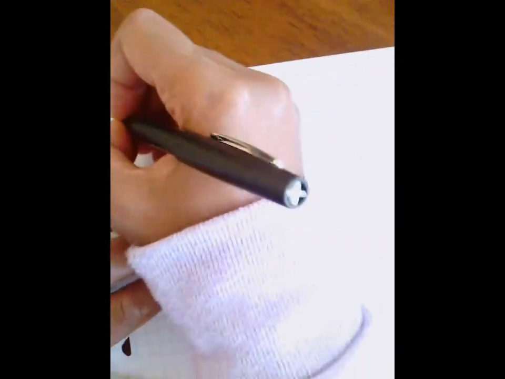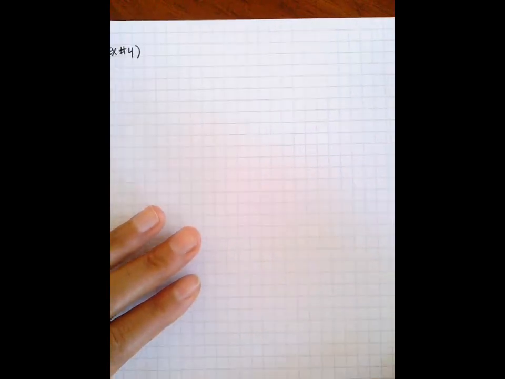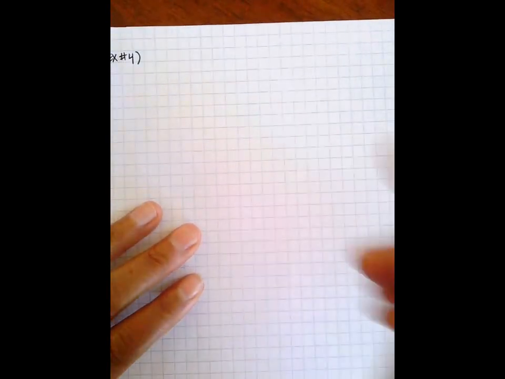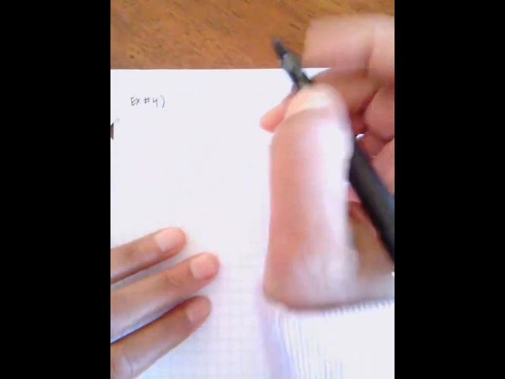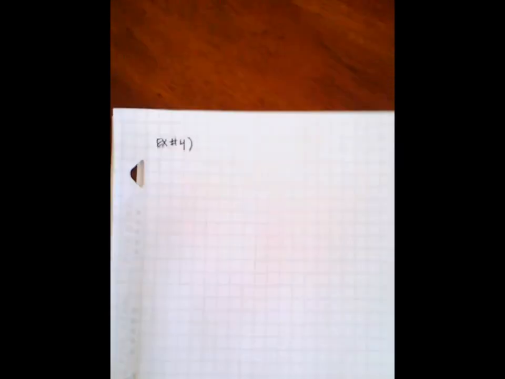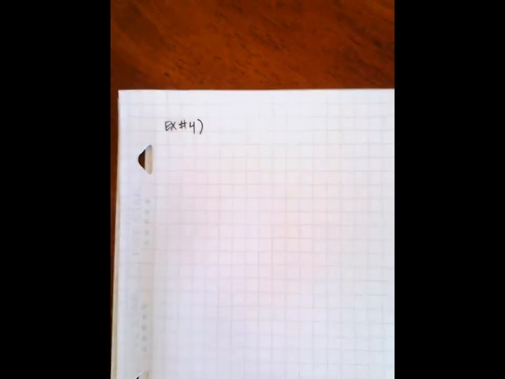So, example number 4. This example, however, is going to look a little bit different. Here I will have the ln, now a log not equal to a log. So this is again a different scenario. It will be a log equal to a number.